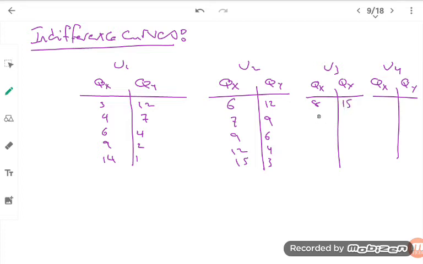We are going to use these different combinations in order to draw the indifference map for a single consumer.